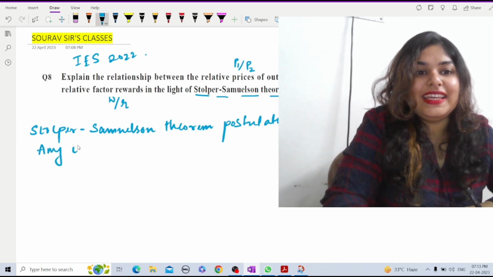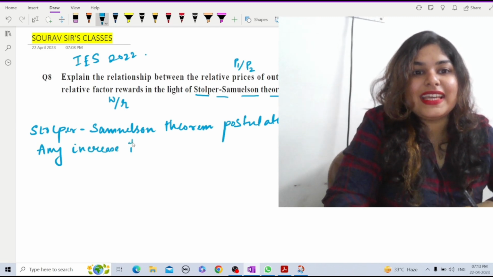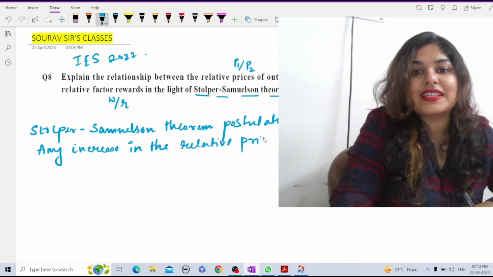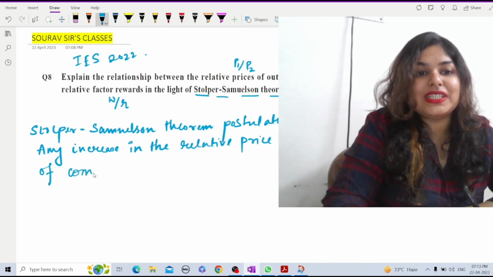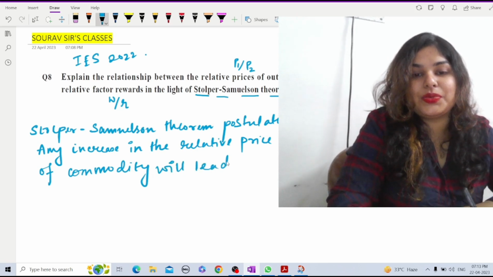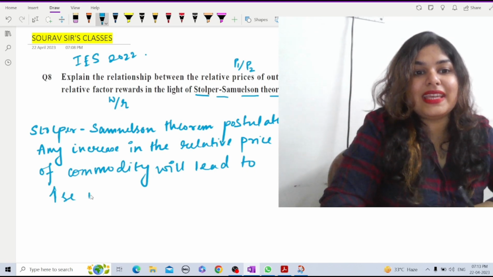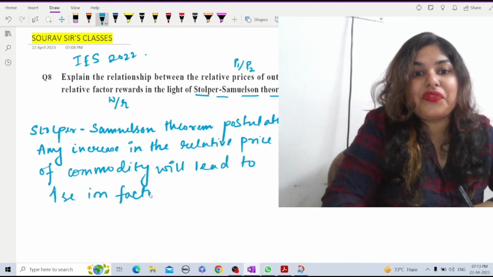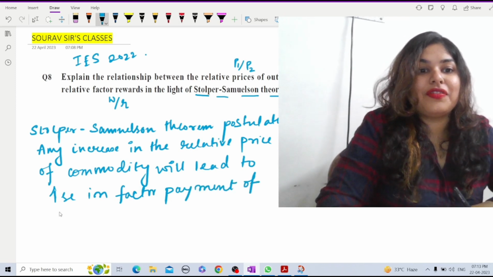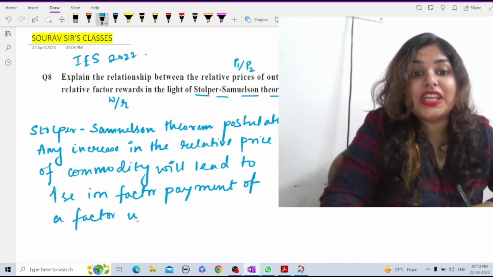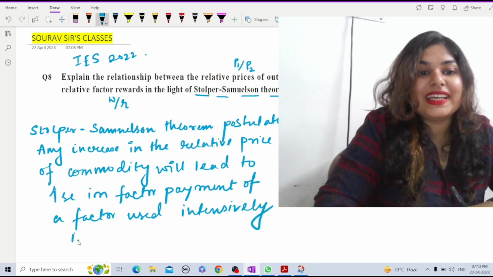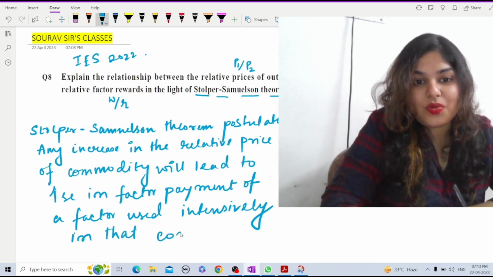Any increase in the relative price of a commodity will lead to the increase in the factor payment of a factor used intensively in that commodity. So what is the meaning here?